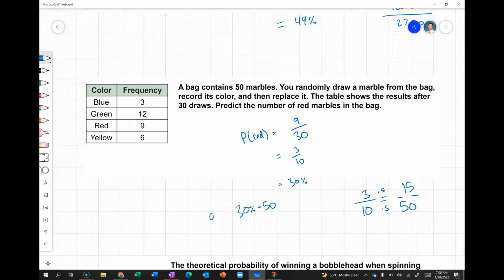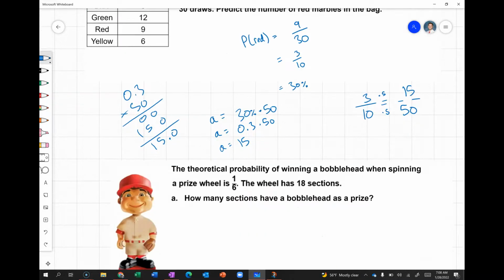Or we can do our percent equation, 0.3 times 50. You'll get the same answer of 15. So using our experimental probability, we can predict that there are 15 red marbles.